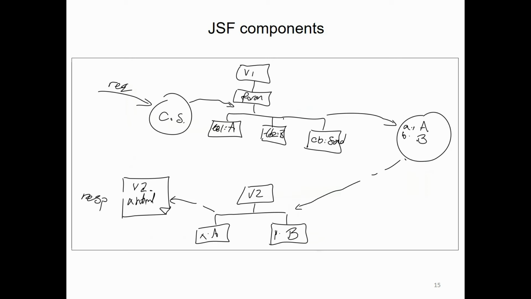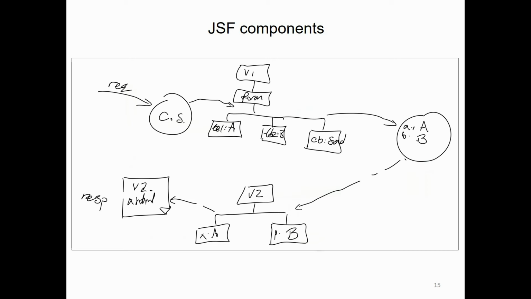And those components in the component tree will receive their values from the managed bean, because the control servlet will call the get methods for those properties in the bean and take the values that come from calling the get methods and put them into the component tree. So I'm just going to put in A and B again by way of example.